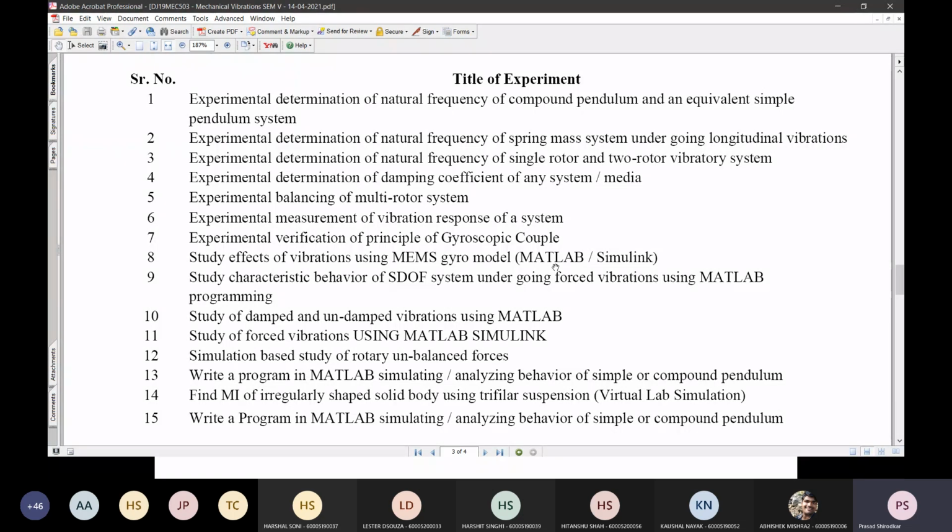If you are doing research work, you should know some of these software like Python. Especially in today's time, Python is very much in demand. You have either Python or you have MATLAB. The reason people are preferring Python is because it is open source software, it is free software.